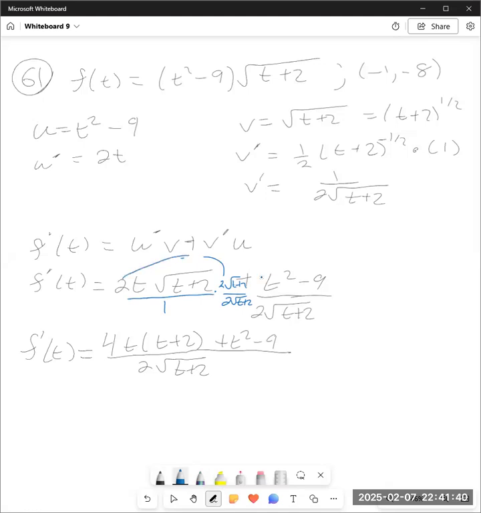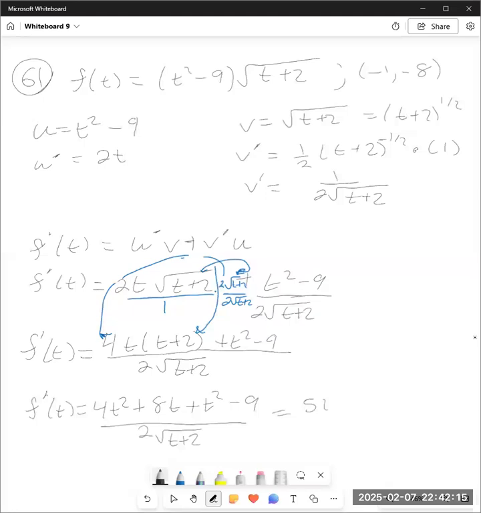This 2 and that 2 gave me the 4, and these root t plus 2's here and here together gave me t plus 2. Everything else stayed the same. So hopefully that's clear what I just did. F prime of t equals 4t squared plus 8t plus t squared minus 9 over 2 root t plus 2. So that is 5t squared plus 8t minus 9 over 2 root t plus 2.